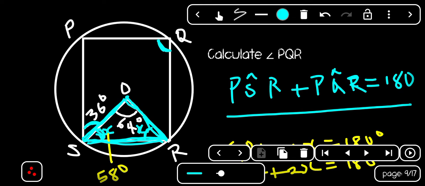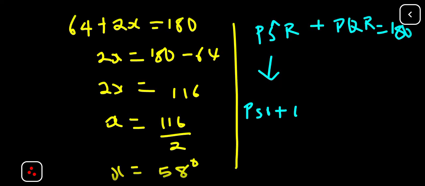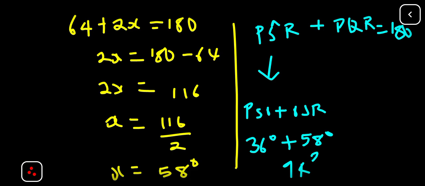And we know that PSO is 36 degrees and OSR is 58 degrees. So this is what that means. PSR is going to give you what? 36 plus 58 is going to give you 94 degrees. So PSR is 94 degrees.